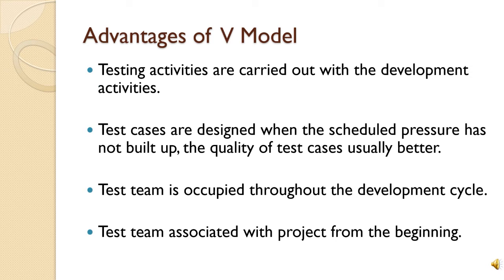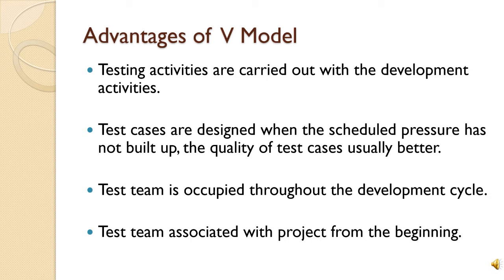Now, we will discuss the advantages of V model. There are very important advantages of V model over the iterative waterfall model. The first advantage is the testing activities. In the V model, the testing activities, that means test case design and test case planning, are carried out in parallel with the development activities.